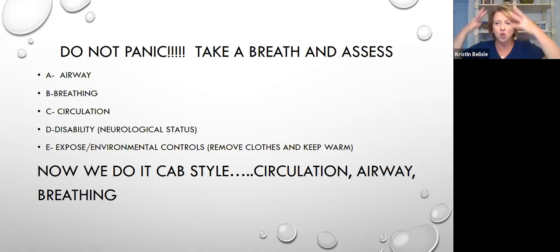Expose them though, because you need to look from head to toe of the entire body. We do a quick head to toe assessment. We're going to scan the body, arms. We will turn the patient. If we suspect a spinal cord injury, we will have someone holding C-spine, we'll have a C-collar. We'll protect the C-spine, turn the patient, do an assessment, sweep the back.